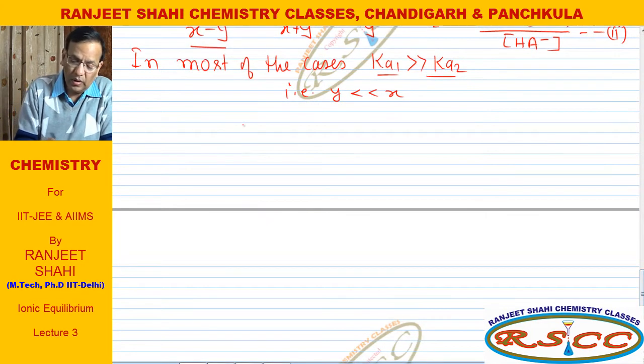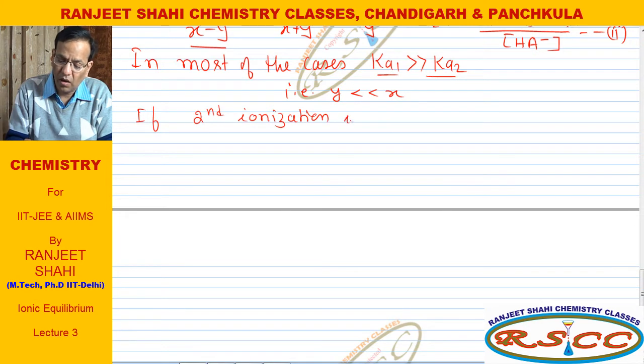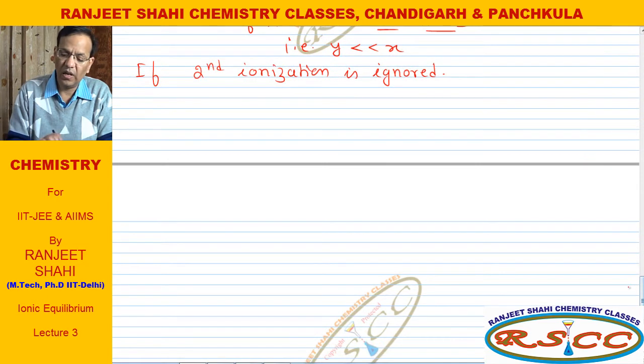So if the second ionization is ignored, we can apply the approximation as we did in the case of monobasic acid.